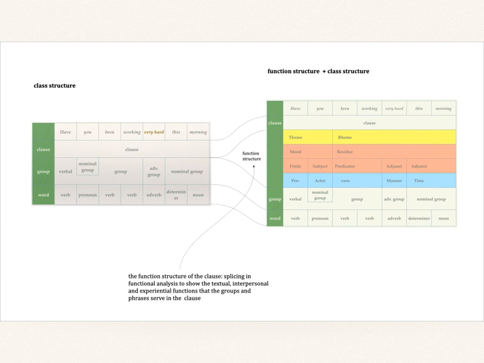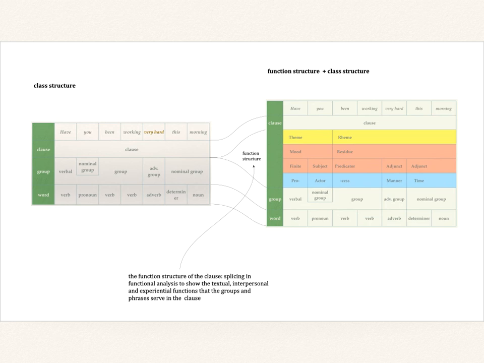To the left, you have what we started with, the class structure. Clauses consisting of groups, groups consisting of words. To the right, you have, as it were, spliced in for the clause, not for groups yet, but for the clause, the physiological perspective, the function structure. The function structure of the clause, then, means we're splicing in functional analysis to show the textual, interpersonal, experiential functions that the groups and phrases, if they're phrases, serve in the clause.